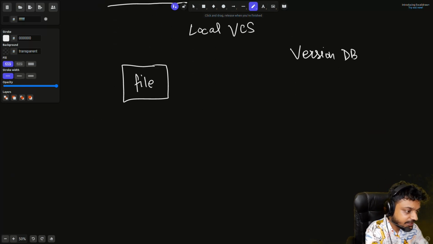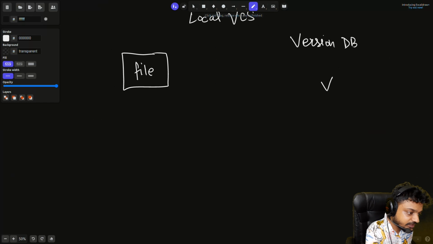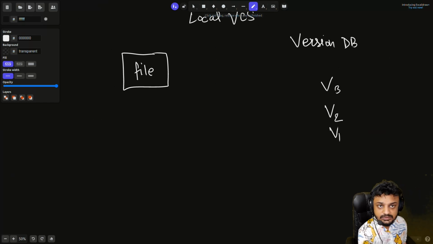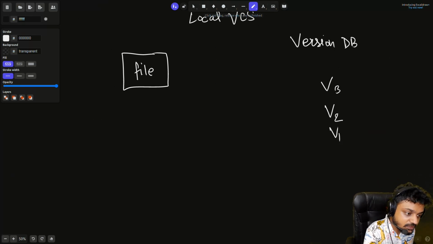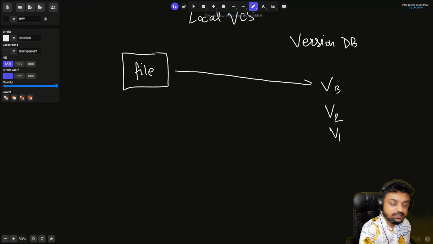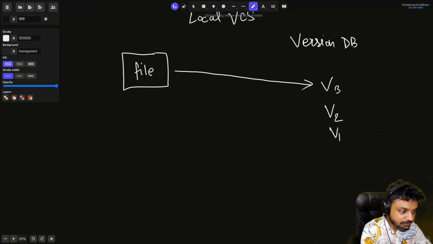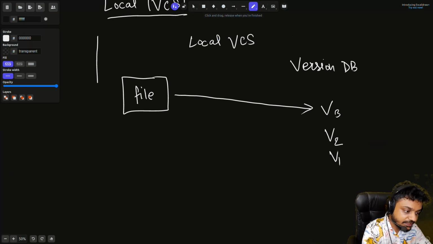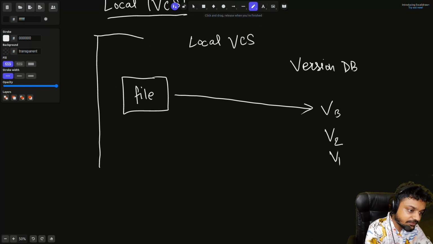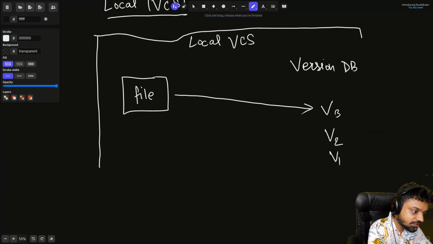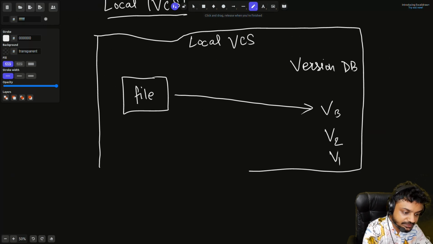It's going to have a V3, a V2, a V1, right? It's going to have all these versions, and the current version that the file is on is V3, right? So this was a local VCS, this entire system, a simple DB which used to maintain the versions for the files.